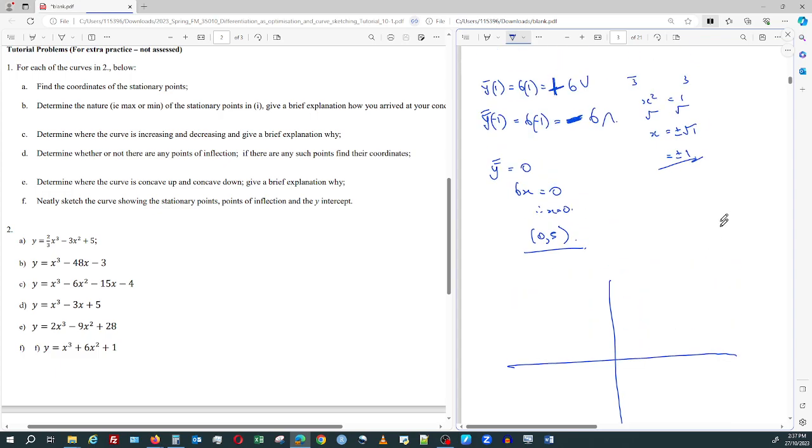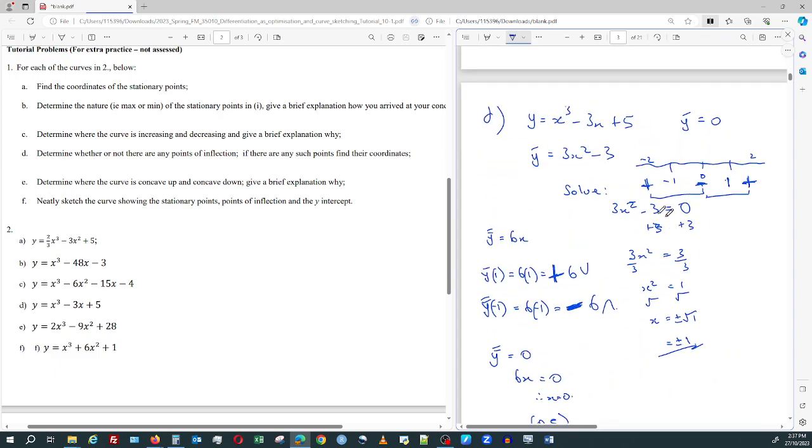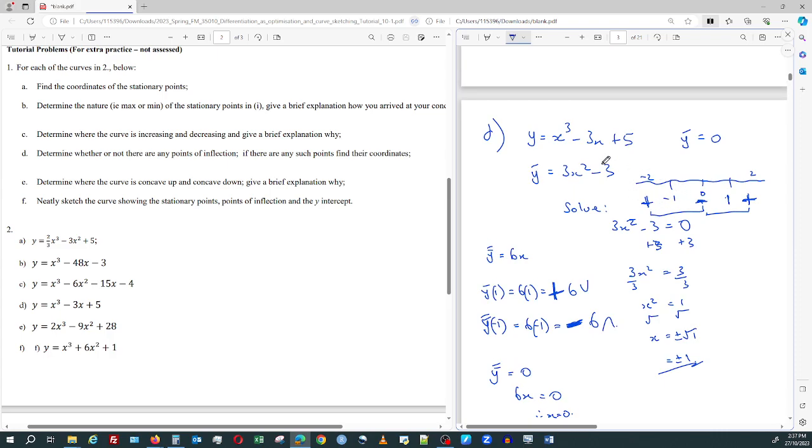We know at plus or minus 1 there's a turning point. So we didn't check that, but y at 1. Just getting the y coordinate, y at 1: 1 minus 3 is minus 2.